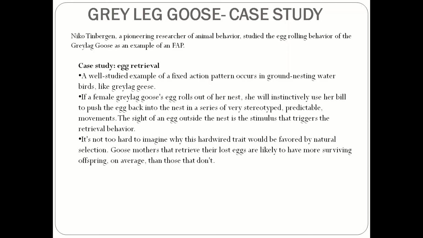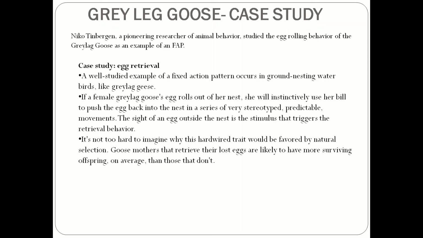Grey lag goose study was done by Niko Tinbergen, a pioneering researcher of animal behavior. He studied the egg rolling behavior of the grey goose as an example of fixed action pattern. So this is the first case study we will see for FAP. If a female grey lag goose's egg rolls out of her nest, she will instinctively use her bill to push the egg back into the nest in a series of very stereotyped, predictable movements.